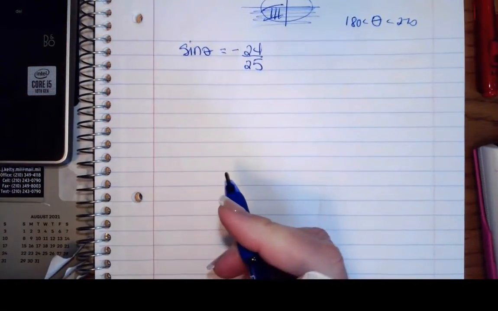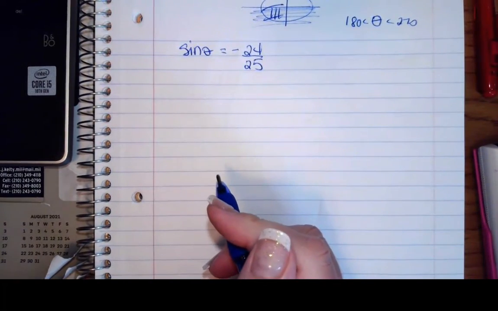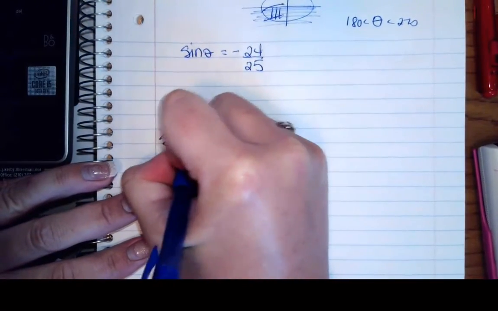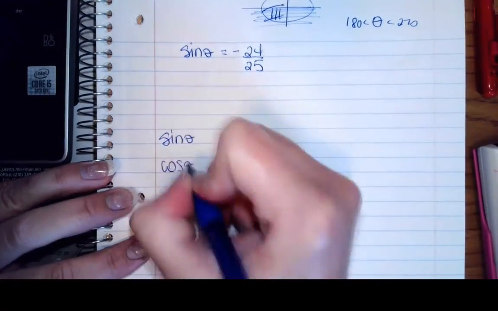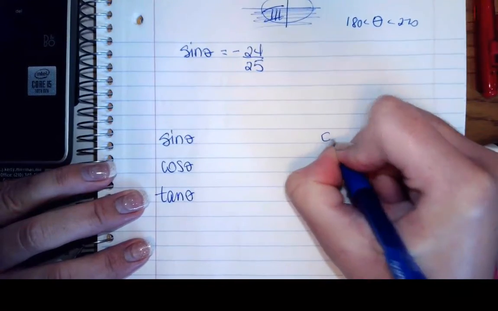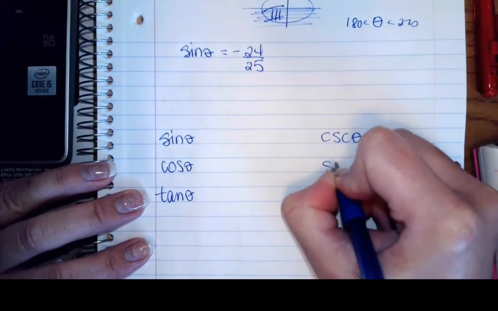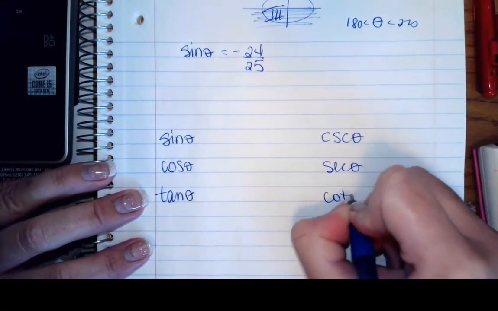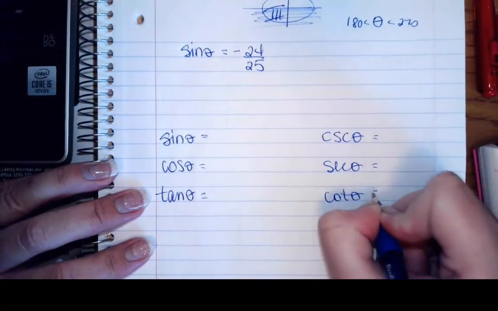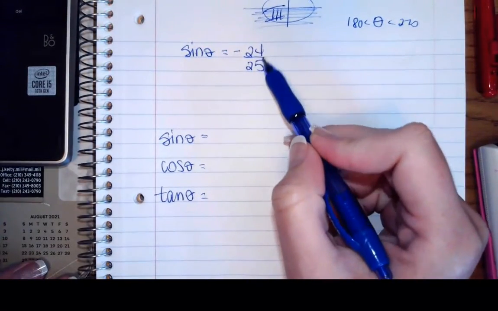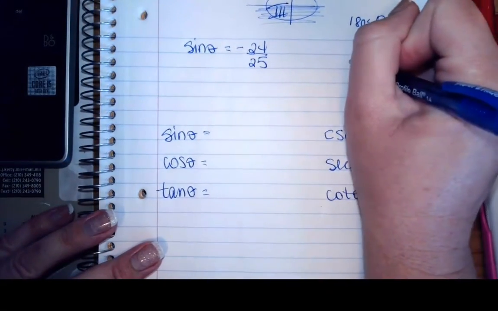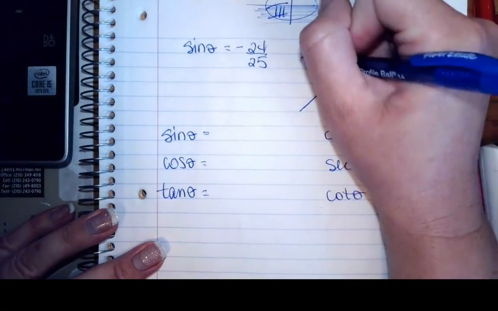So what I want to do is find the other 5 trig functions. I'm going to line these up as sine theta, cosine theta, tangent theta, cosecant theta, secant theta, and cotangent theta. First of all, I've got 2 sides of a right triangle because this is a ratio.